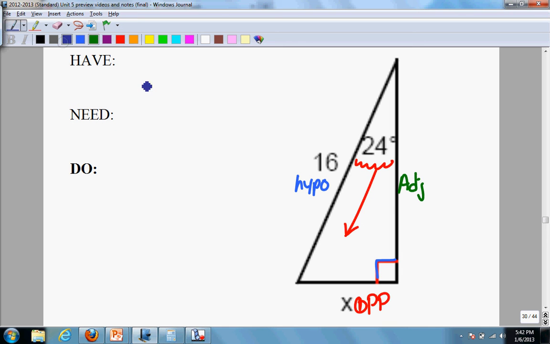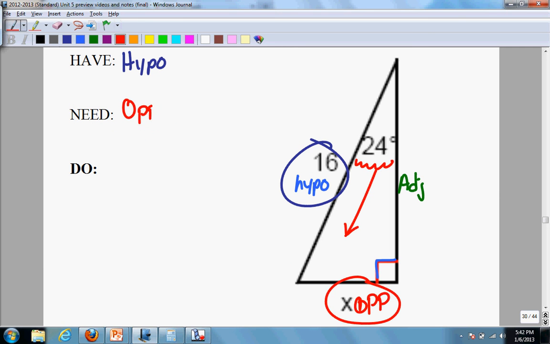We have the hypo, which is 16, and in this case we want the opposite. So we have an OH combination, and the acronym is SOH CAH TOA. You see what goes with OH is sine, so we write that out.